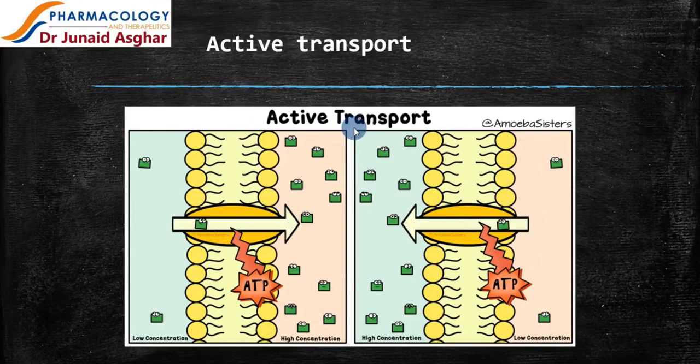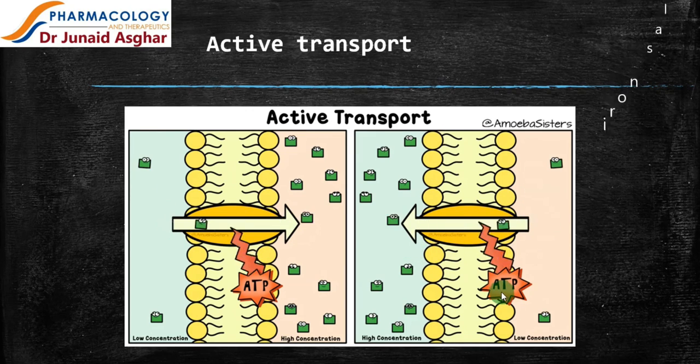Let's talk about the active transport. Now in case of active transport, like facilitated diffusion, there is a carrier protein, but additionally there is one ATP molecule or energy which is driving the process even more efficiently.